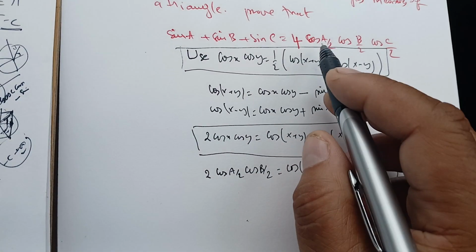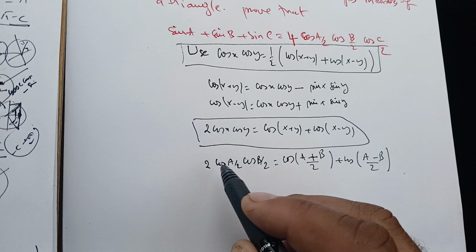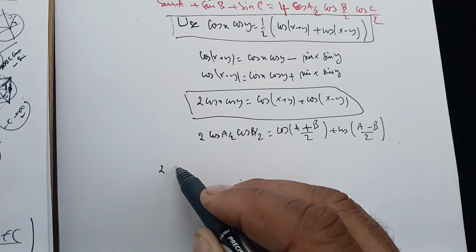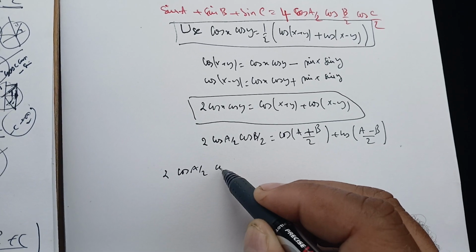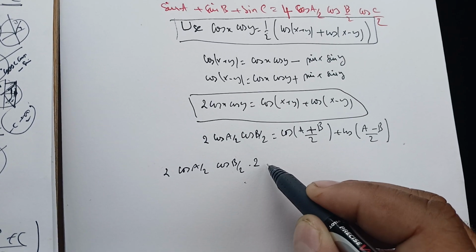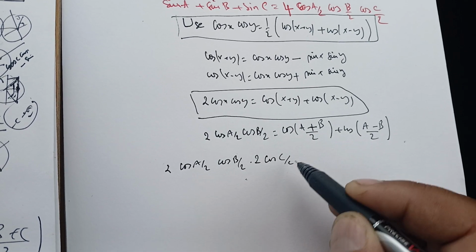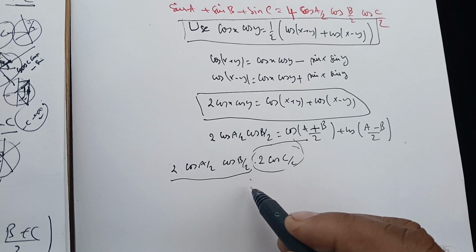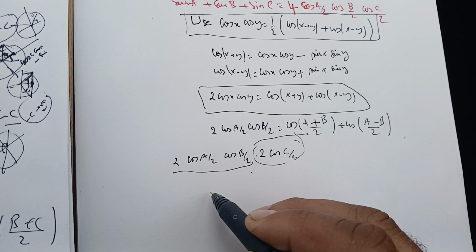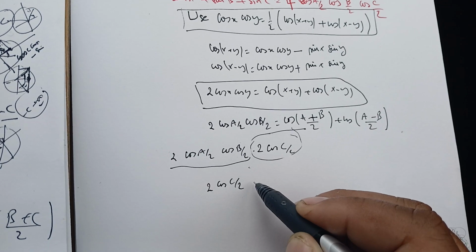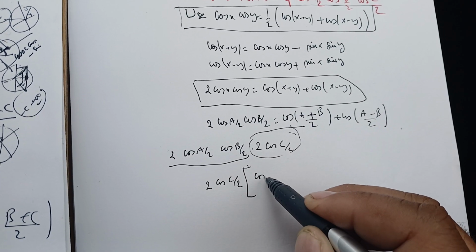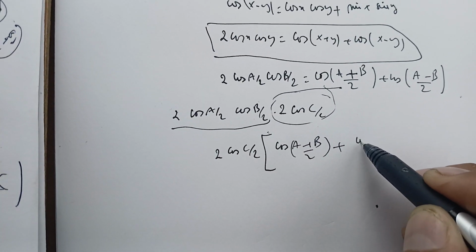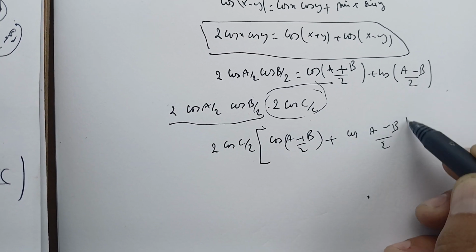Now if we multiply by 2 cosine C over 2, we get 2 cosine C over 2 times the quantity cosine A plus B over 2 plus cosine A minus B over 2.